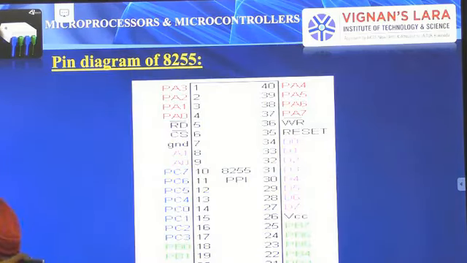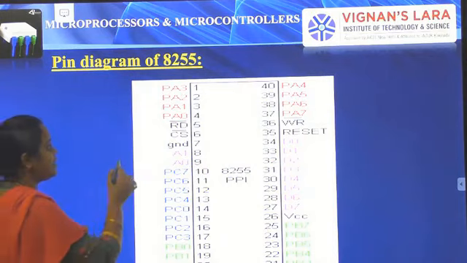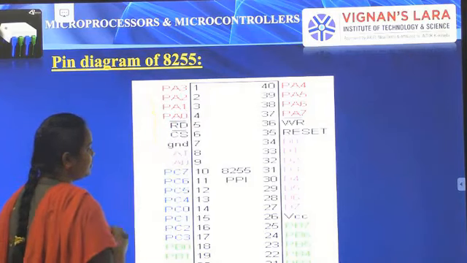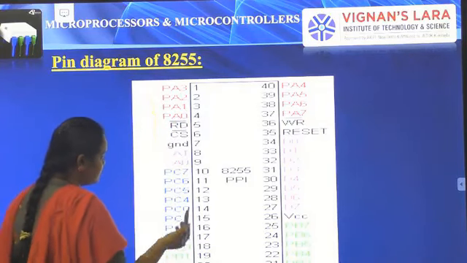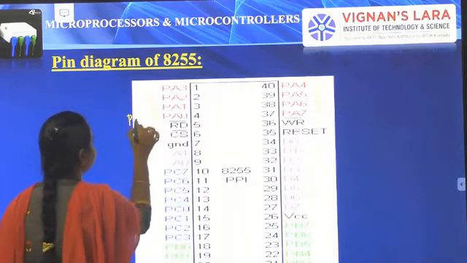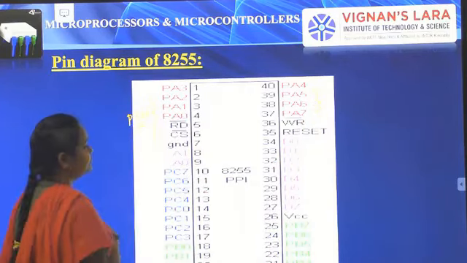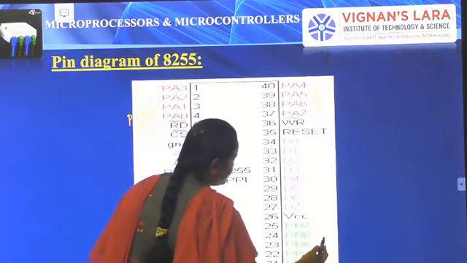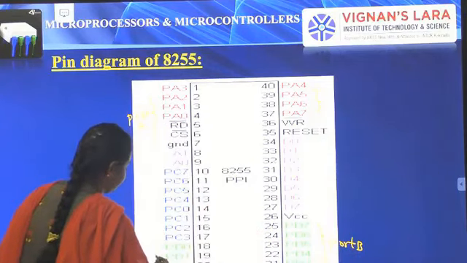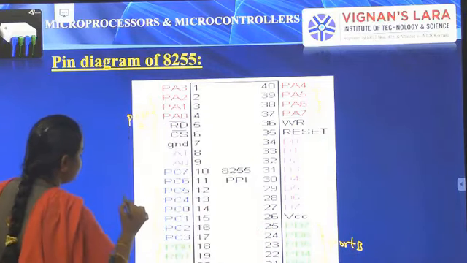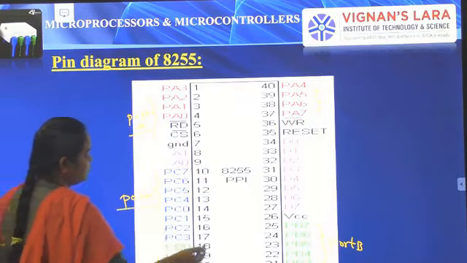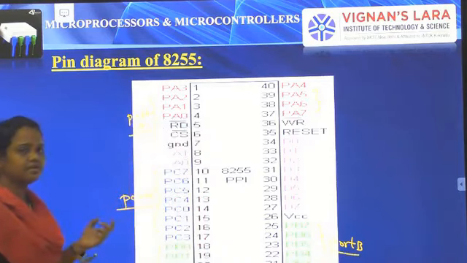This is the pin diagram of the 8255. Here we have port A, PA3 to PA0, and PA4 to PA7. This is port A, this is port B, and this is port C. Each port has 8 pins.